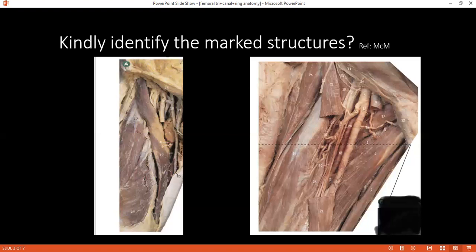Can you tell me the boundaries and the contents, please? It is laterally formed by the vastus medialis, superficially by the sartorius, and posteriorly by the adductor longus and adductor magnus.